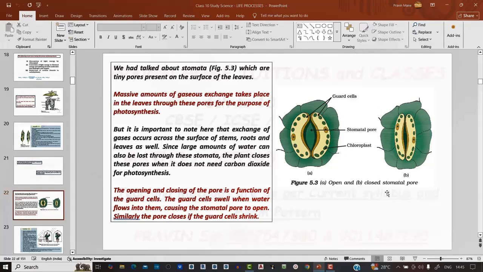When the guard cells contract and lose water, the stomatal pores close, and this is the closed situation of the stomatal pore.